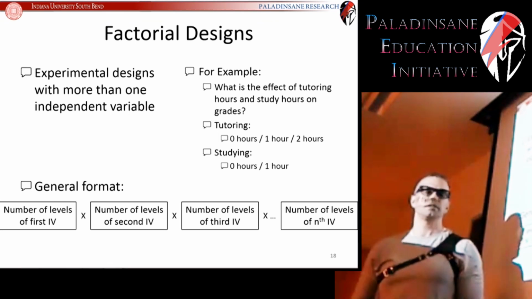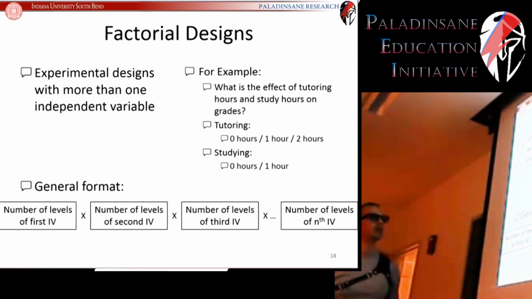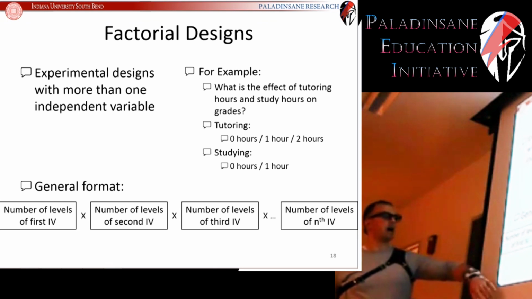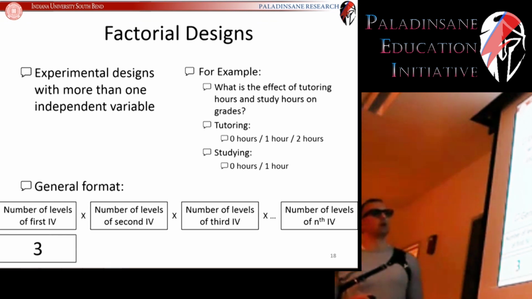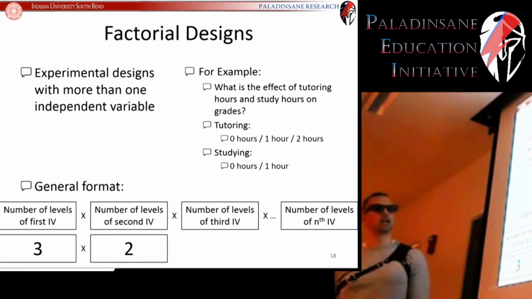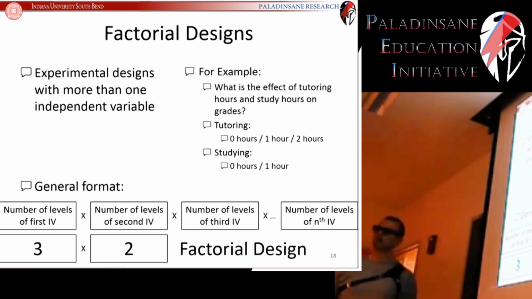So let's say that's the design of the experiment. This design would be summarized by saying that we have a 3 levels of tutoring by 2 levels of studying factorial design.